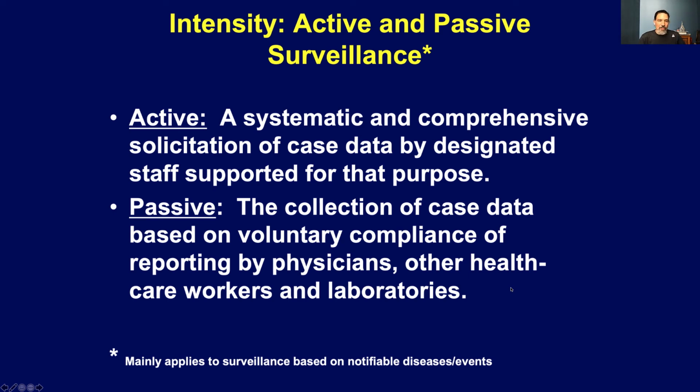So physicians and healthcare workers and laboratories are made aware of the fact that they need to report certain information about particular health outcomes or notifiable conditions, and then you expect them to do that, and you at the health department wait for this information to come to you, as opposed to actively going out there and getting it yourself. It's kind of like a push-pull difference.